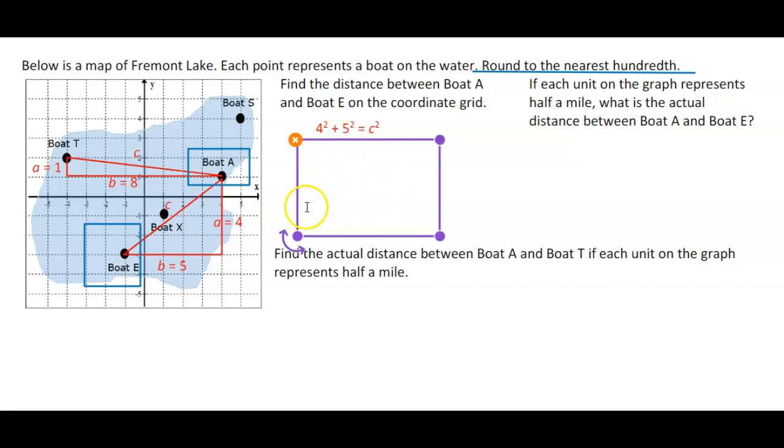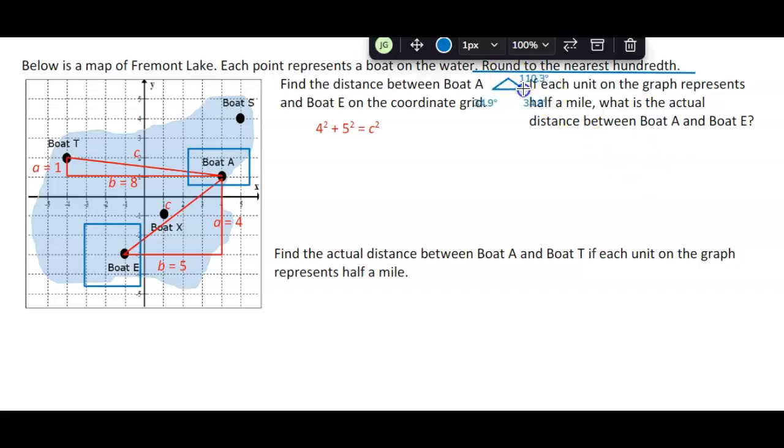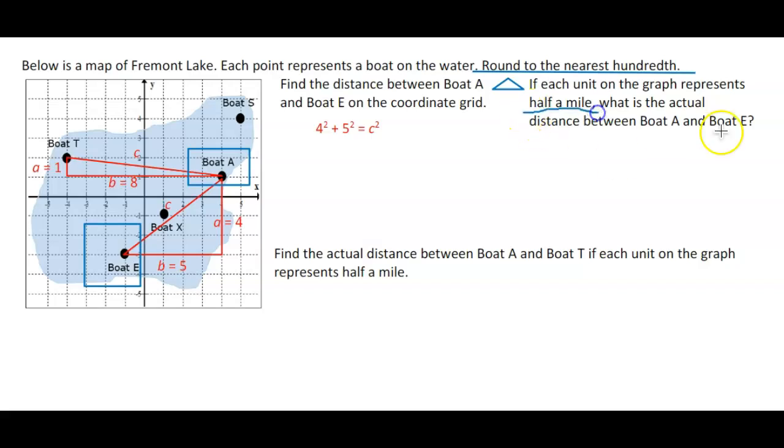Please finish working this problem to find C, the hypotenuse, and then I also want you to go ahead and do this next problem where you are converting to a half a mile. After you've completed the work, you may pause the video and check your answers, but work the problem, then check it. Okay, pause the video now.